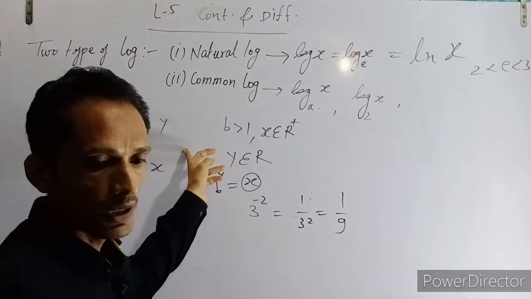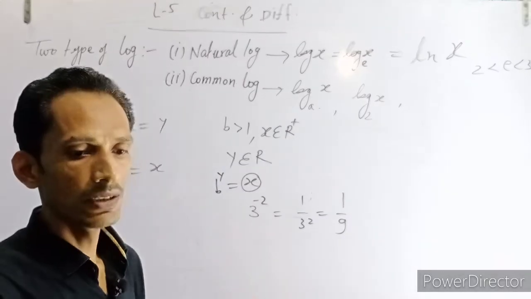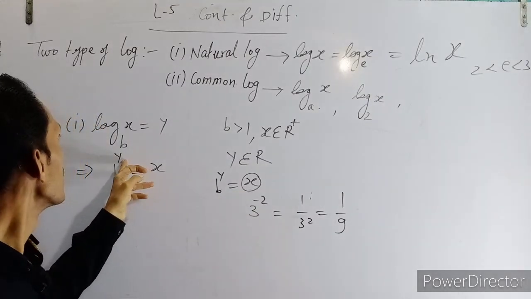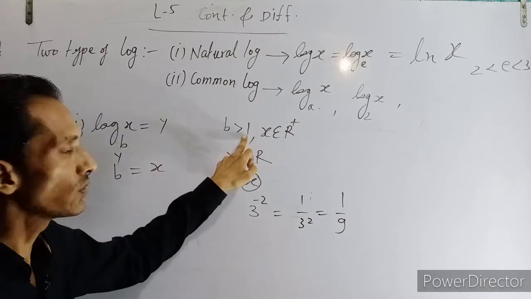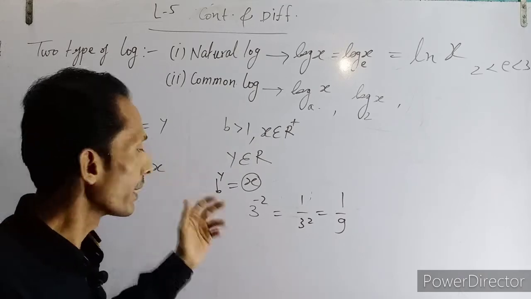So x is any positive real number and y is any real number, with b greater than 1. This point you have to keep in mind.